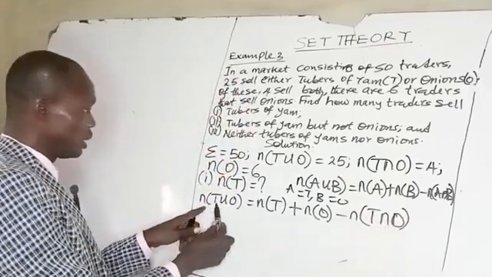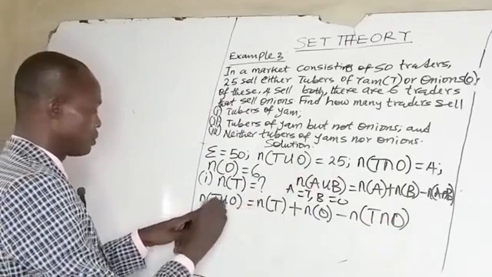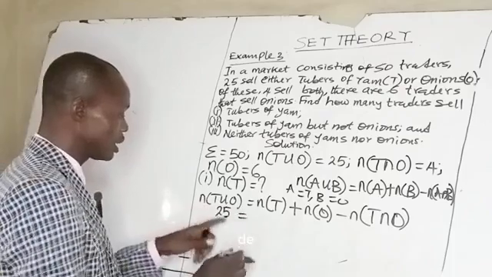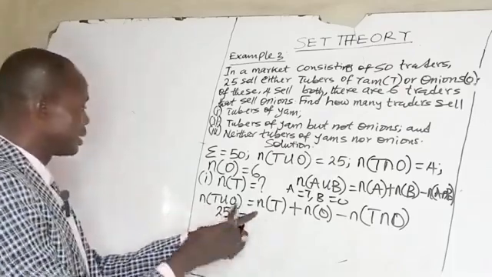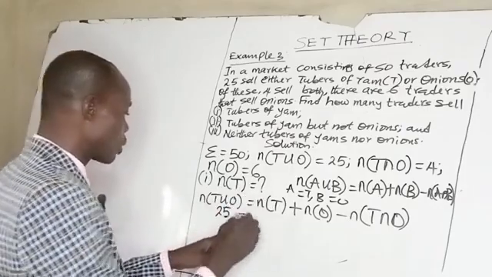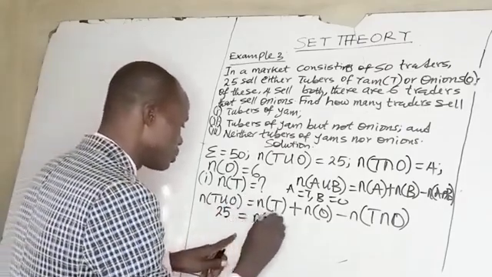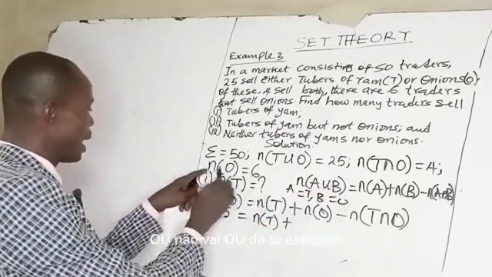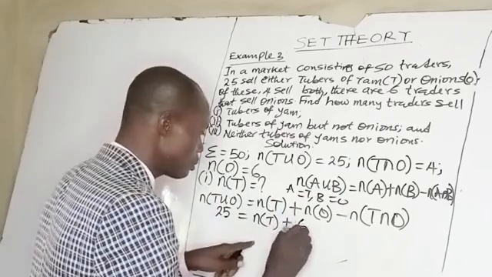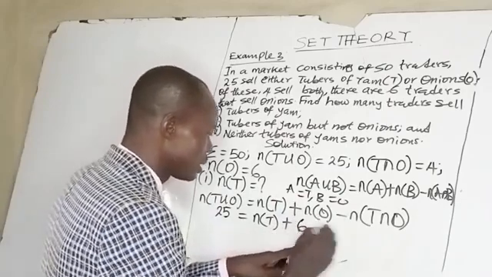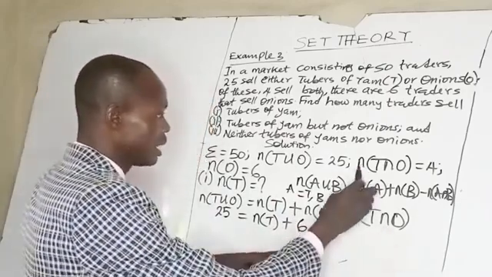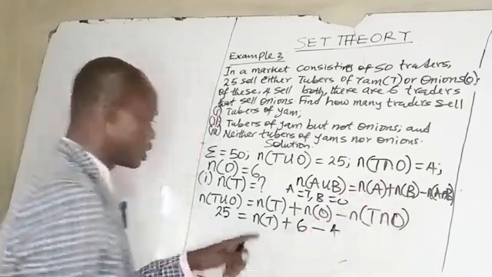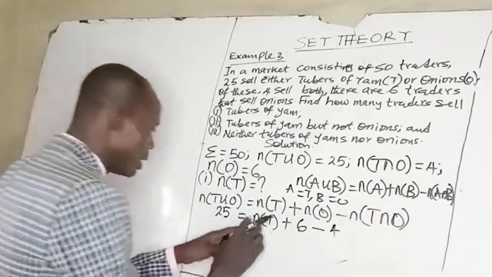Their union, we have that to be 25. The union of the two sets is 25. Number in T, that is what you have to calculate, plus number in O, that is 6, minus their intersection, T intersection O, that is 4. So solve for number in T. Make this the subject of the formula.